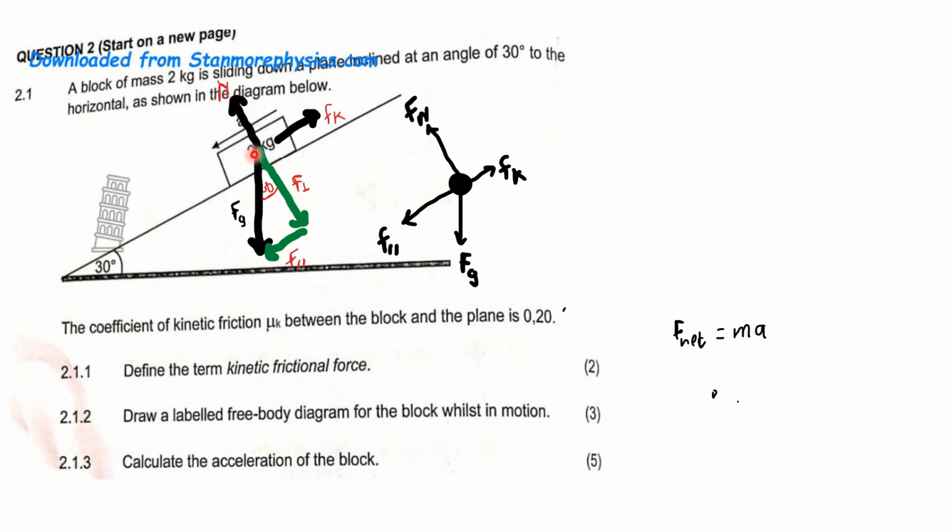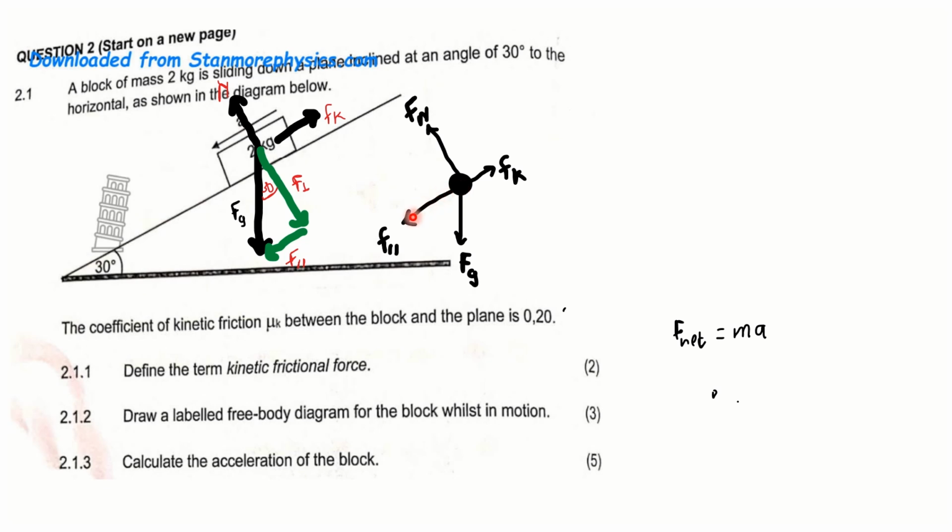And being able to slide, it simply means that the friction force is less than the F parallel that is pulling it towards this direction. If friction force was equal to the F parallel, can you see these two? If this Fk is equal to F parallel, the block was not going to go anywhere. It was going to stand still.